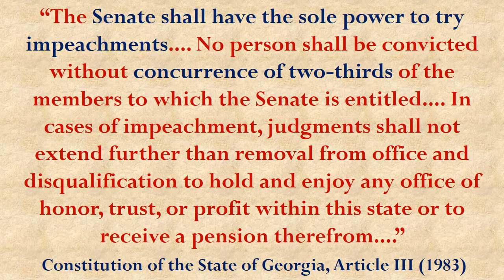After the House of Representatives then accuses them of having done something bad enough to be kicked out of office, the Senate holds a trial to decide if they actually should be kicked out. And when they vote at the end of that trial on whether or not to convict the person or remove them from office, according to the state constitution, it must be a two-thirds vote to convict them and remove them.